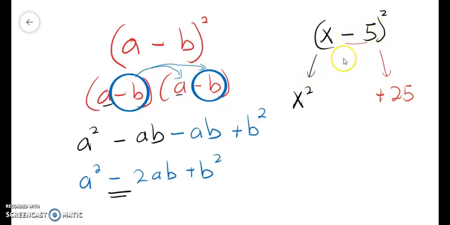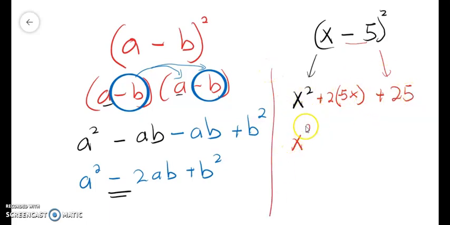And then in the middle here we have plus 2, and then here will be 5, negative 5x. So if we simplify this, we'll be getting the negative 10x plus the 25.